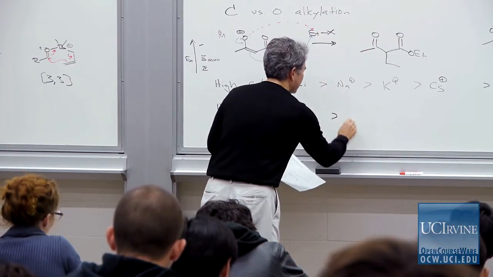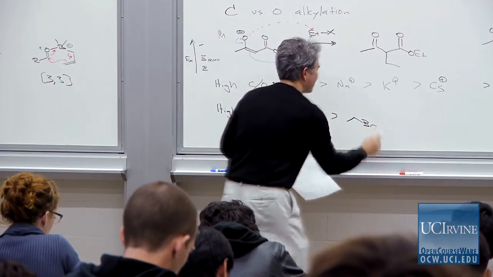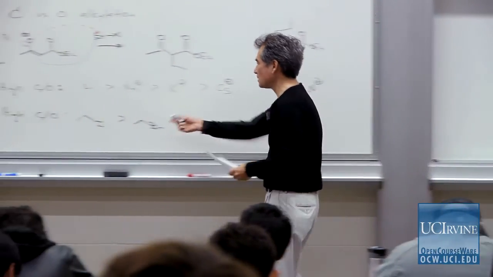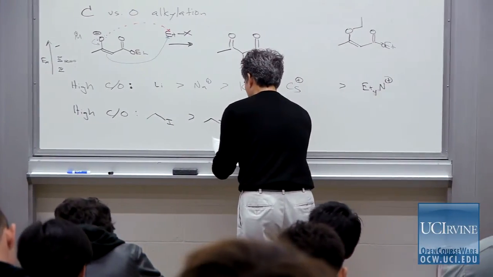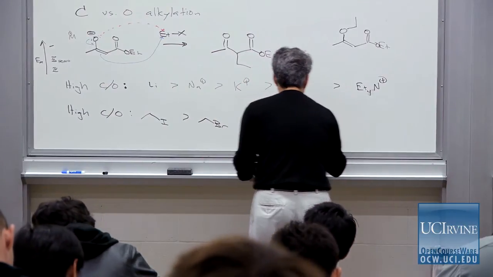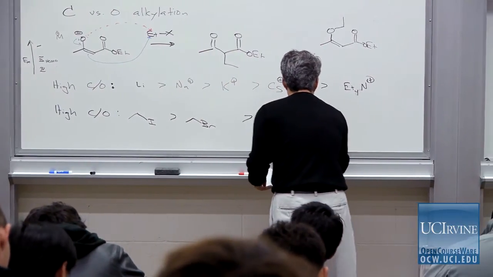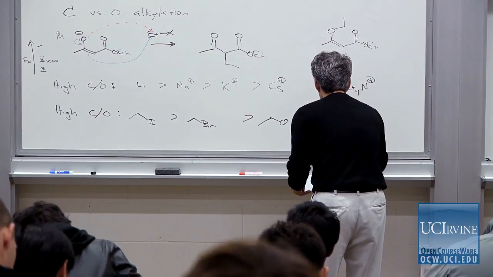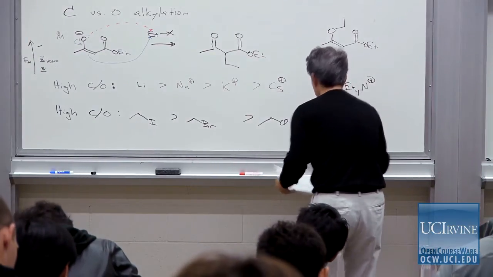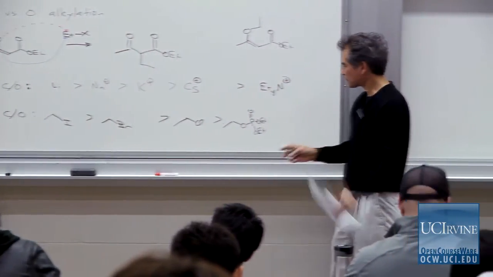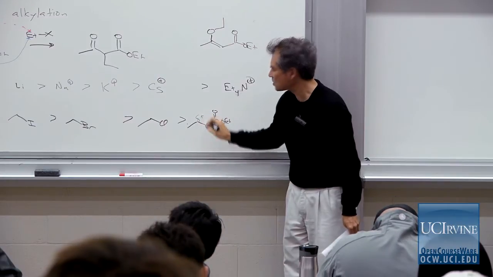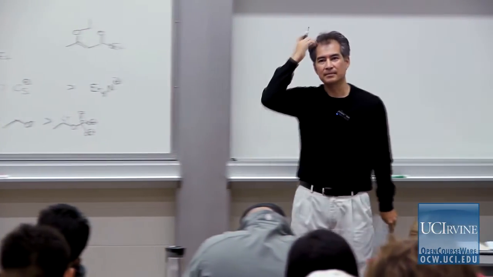As I make my electrophiles more and more electronegative, bromine is starting to become more electronegative than carbon. Chloride. Now as I make my leaving groups more and more electronegative, a phosphate. Now that's very electronegative, and there's a lot of partial positive charge here on that carbon atom.